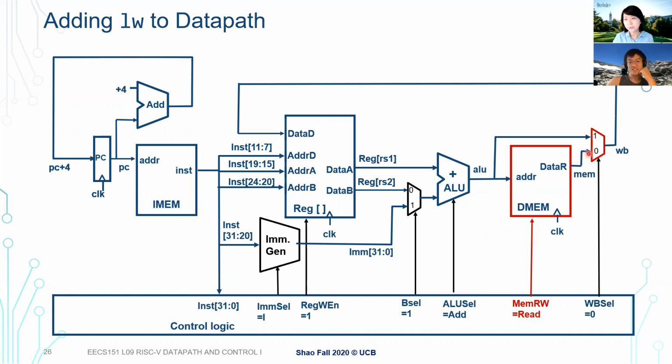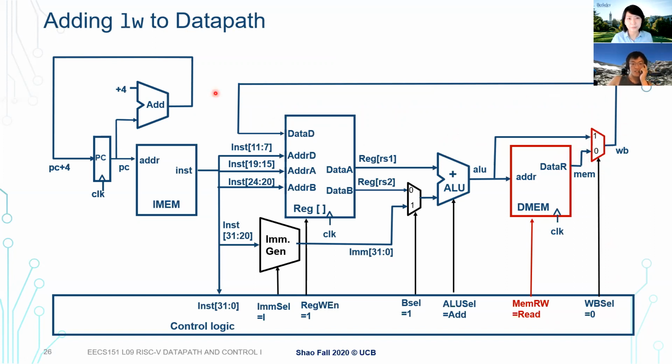So here we introduce a new MUX. We call this write back select. It's a selection signal to select which value is propagated to the register to be written back. So whenever we have a MUX, again, we need to introduce a select signal, or a control signal, to select which input we actually want to forward.